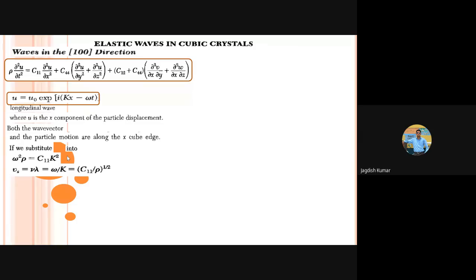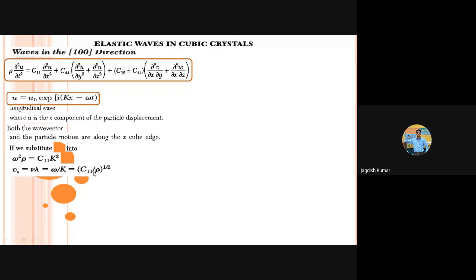So this will give you the velocity of propagation of longitudinal waves along x direction, or 100 direction rather. We should say 100 direction for a cubic crystal, not necessarily simple cubic, but for a cubic crystal, that's how we can calculate the velocity of propagation along 100 direction.